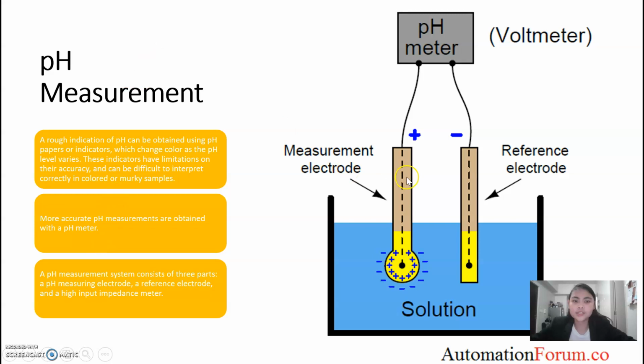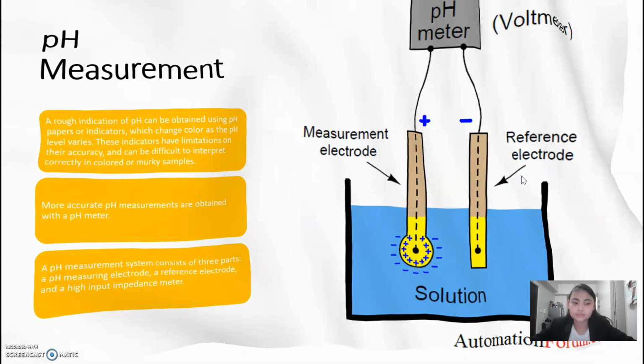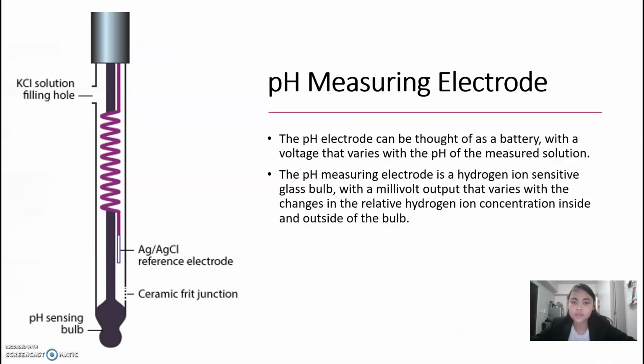As you can see in this figure, on the left side we have the positive measurement electrode, and the negative is the reference electrode. pH measuring electrode. The pH electrode can be thought of as a battery with a voltage that varies with the pH of the measured solution.